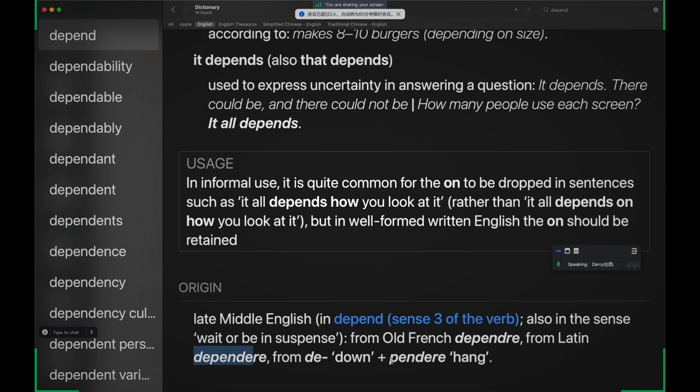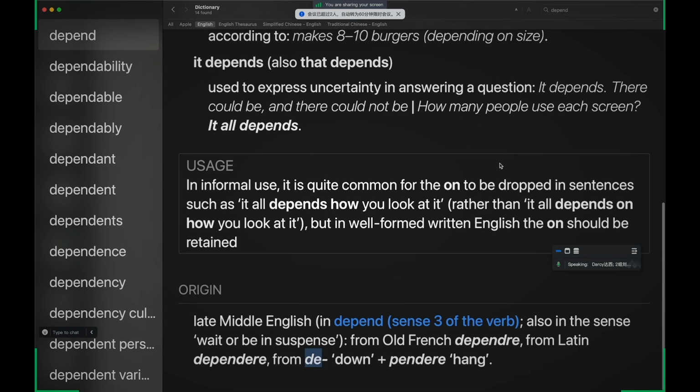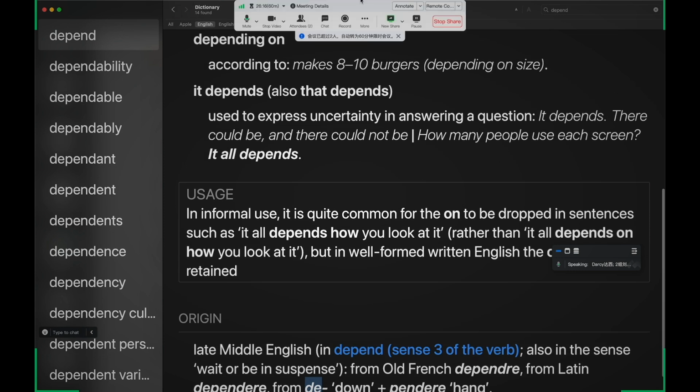So it tells us that actually the very root word is this thing here. And then it has a prefix before it, right? So to depend is to hang down. And you can think of it as a metaphor in your mind. A baby is dependent, right?